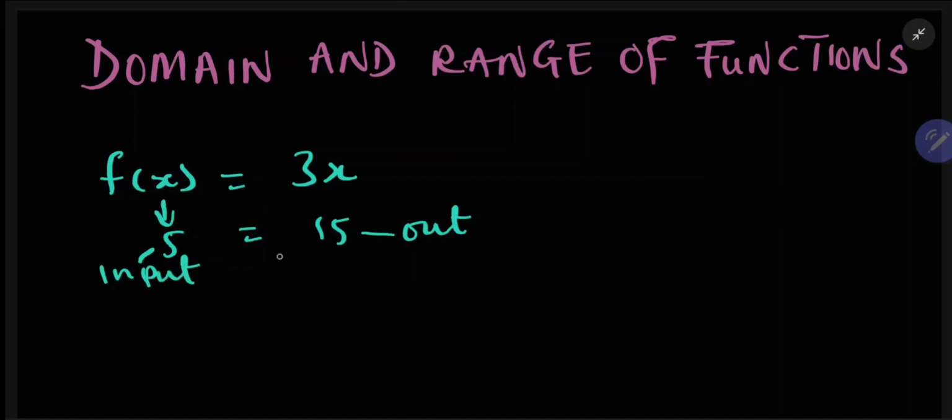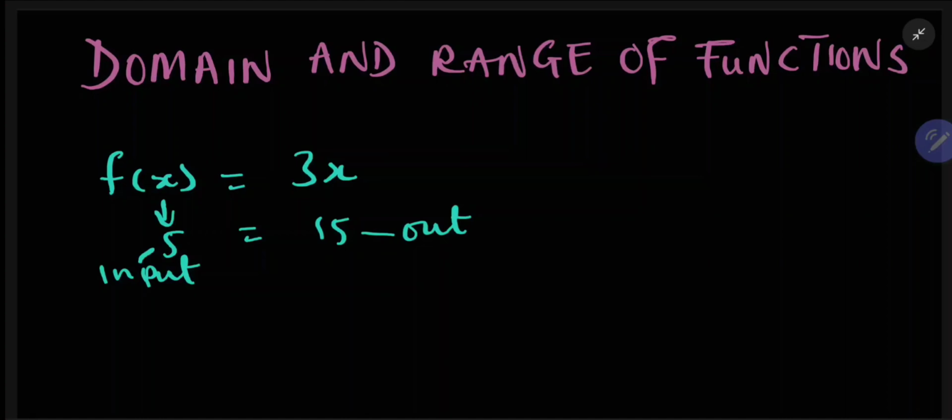Now for every function, every possible number that could be an input is called the domain. For this function, f of x equals 3x, every possible number you can think of will surely give us an output. Minus 1000 would give us minus 3000.